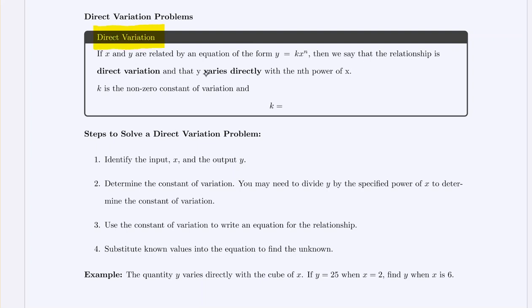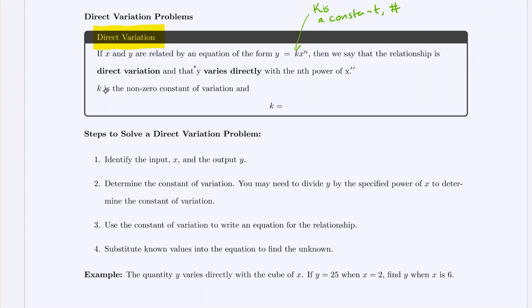If x and y are related by an equation of this form, where you've got the output variable y equals some constant k times the input variable x raised to the nth power, where n is also some constant, then we say that this relationship shows direct variation, and specifically y varies directly with the nth power of x.